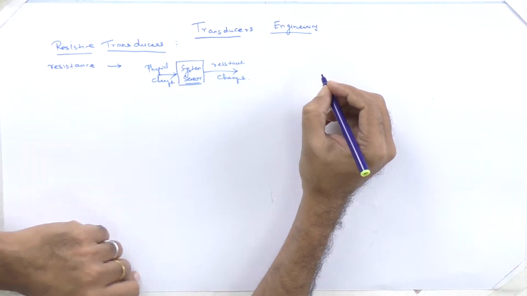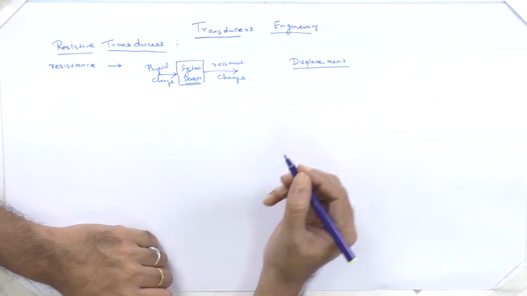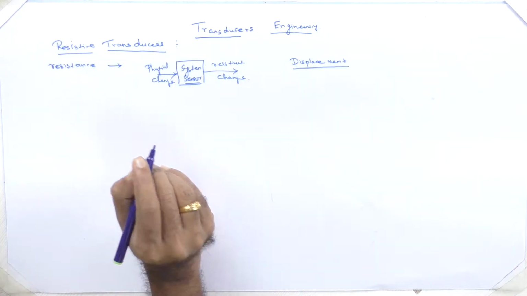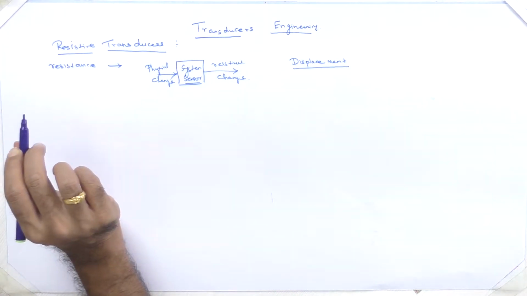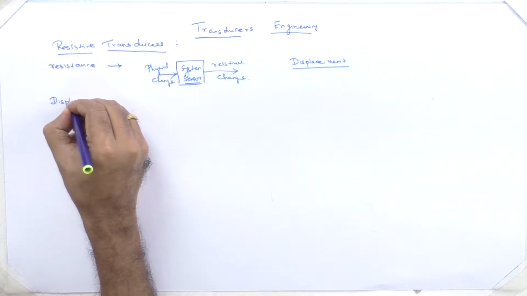To start, we are going to measure displacement. Instead of directly taking the sensor and showing you the change of resistance, let us take the parameter that we are going to measure. This is displacement.